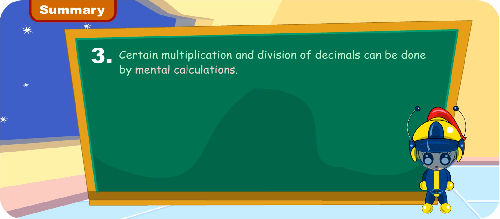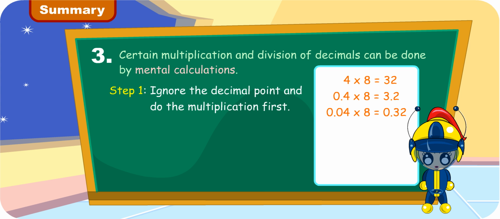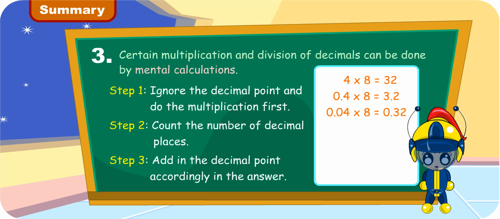I have learned that certain multiplication and division of decimals can be done by mental calculation. I can do the multiplication first. After that, I count the number of decimal places in the decimal and add in the decimal point accordingly in the answer. Similarly, I can do the same for division.